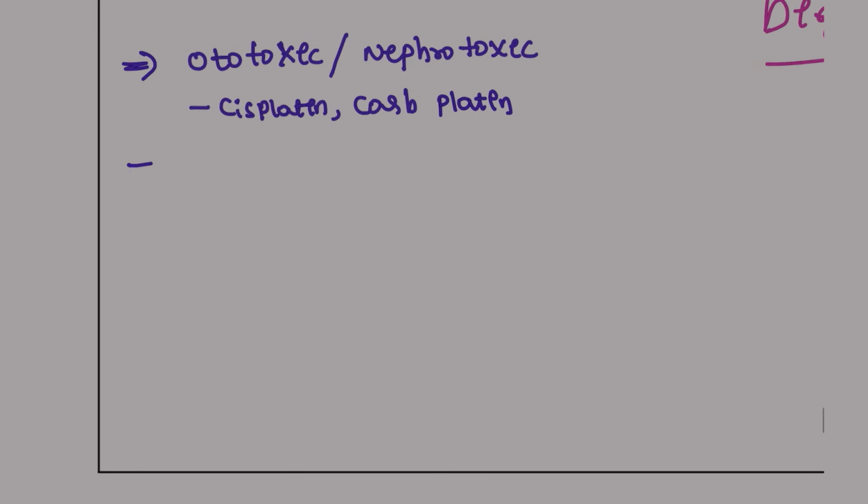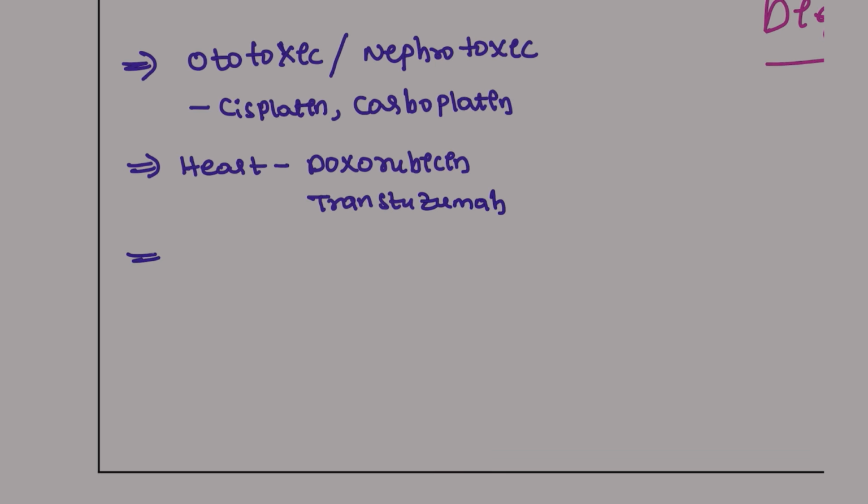Ototoxic. Next, heart toxicity is highly associated with doxorubicin, daunorubicin, and trastuzumab. Next, myelosuppression, that means suppression of the bone marrow, is associated with fluorouracil and also methotrexate.